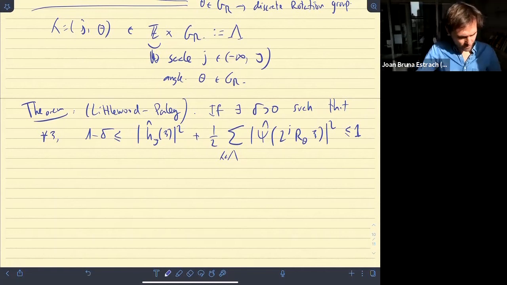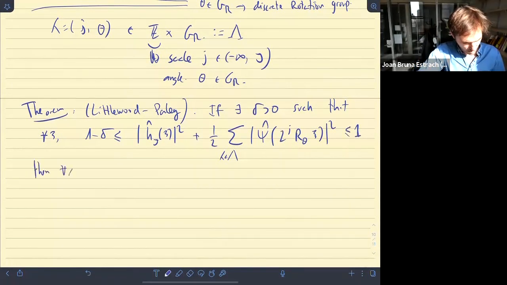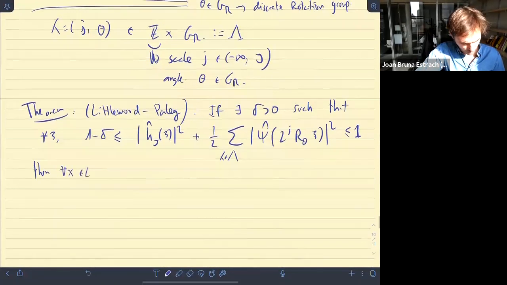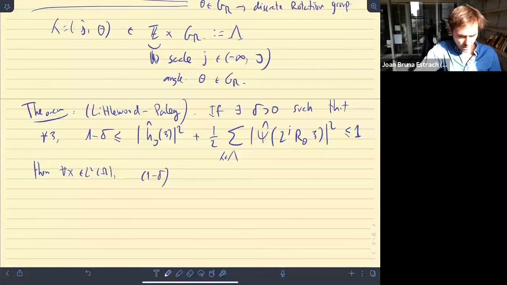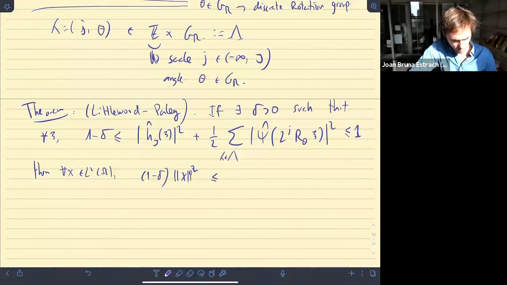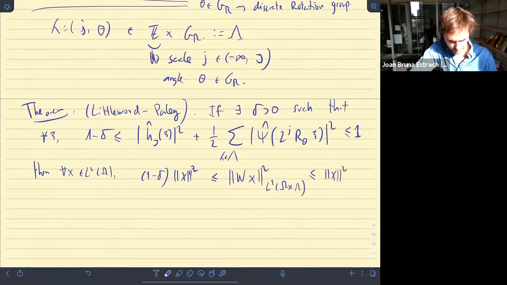So if this is true, then for x in L2, the norm of x is controlled in the wavelet representation, right? So basically now this is the same as the norm of x in L2 of omega squared.